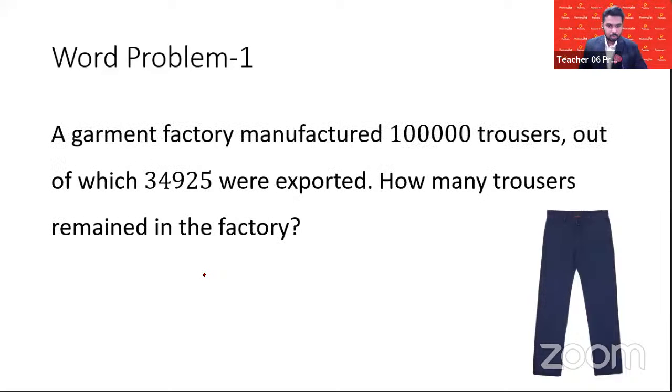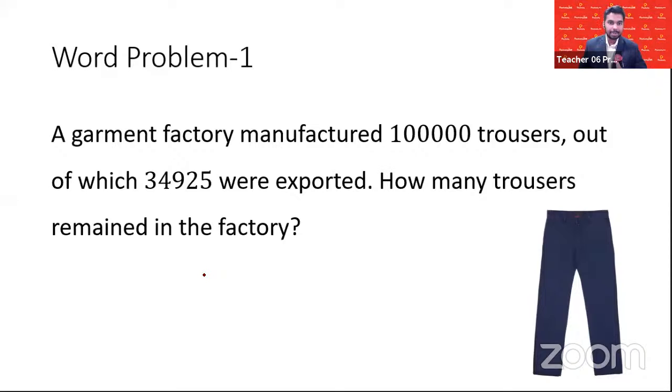Let me straight away jump to a word problem. So here you can assume some person is running a garment factory, and this garment factory is producing some set of garments per day. So we are producing some kind of trousers per day, and out of this, certain number is exported.